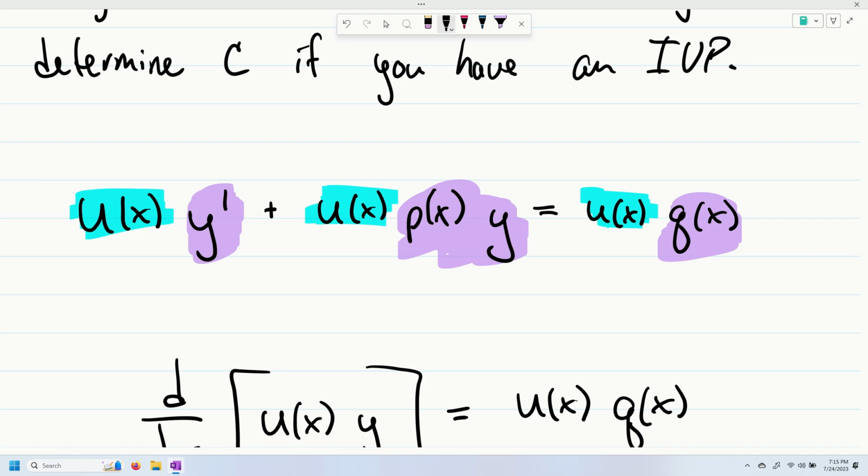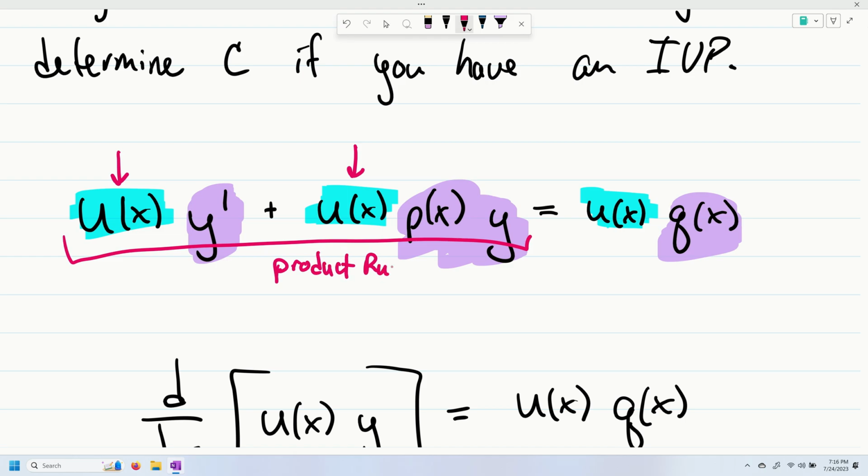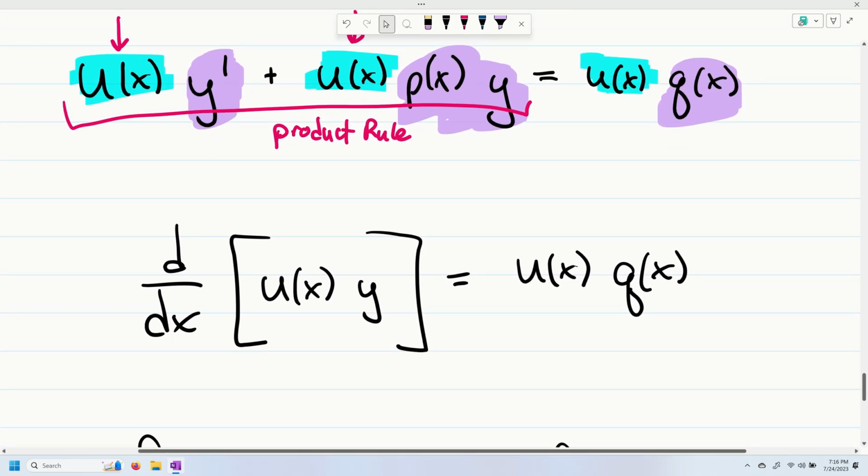Okay? Now, on the left-hand side, if I knew what u of x was, and I simplified this, you would end up getting the product rule. And the product rule of what, you may ask? Well, it's going to be the derivative of u of x and y.